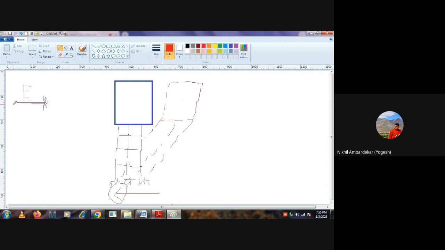Because of this earthquake force, our main intention is to find this seismic shear. And this seismic shear is typically called the base shear. Okay. Got it? Yes.